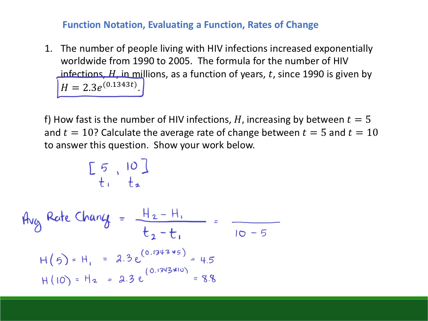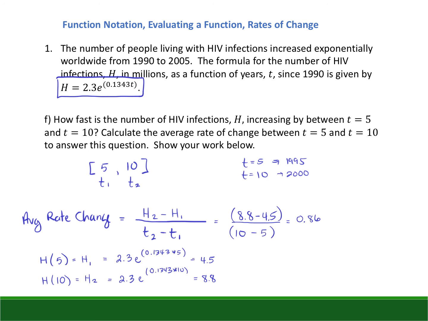Now I can substitute that into the formula up here. h sub 2 is 8.8, and h sub 1 is 4.5. So I can calculate the average rate of change: subtract the difference in the output values and divide by the difference in the input values. That gives us 0.86. Let's write down the units so we understand what this average rate of change means. It's a positive number. When t is 5, that's the year 1995, and when t is 10, that's the year 2000.